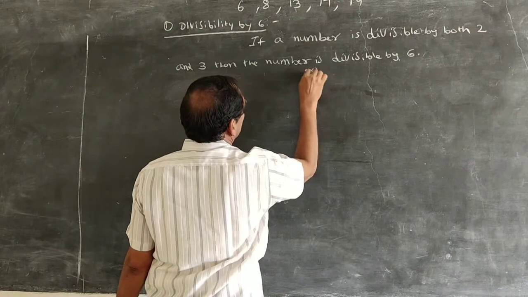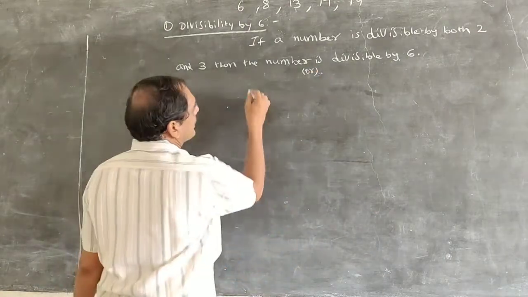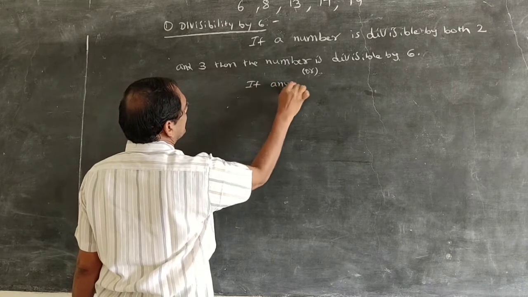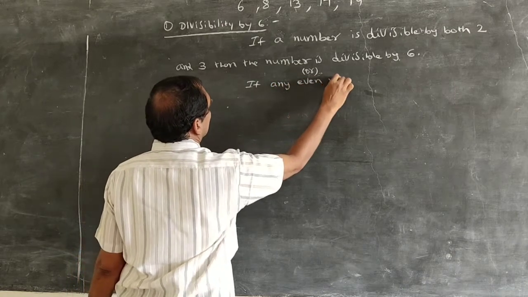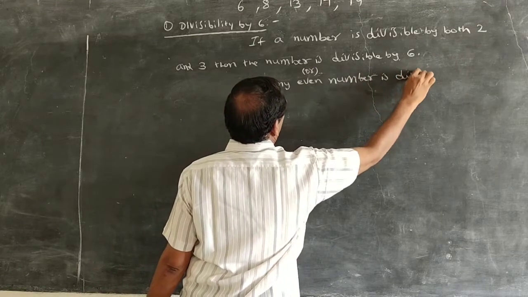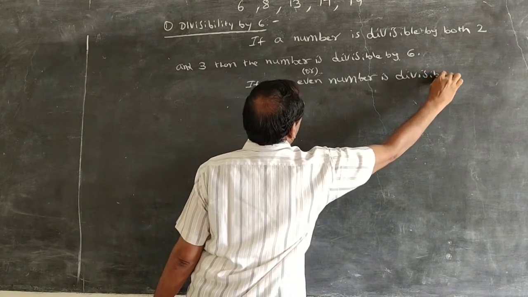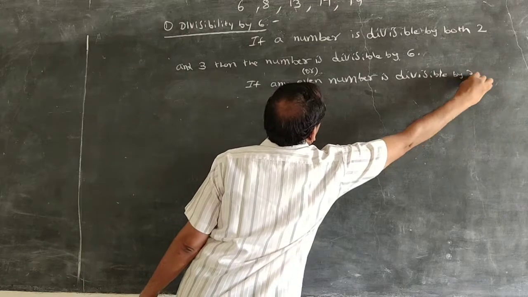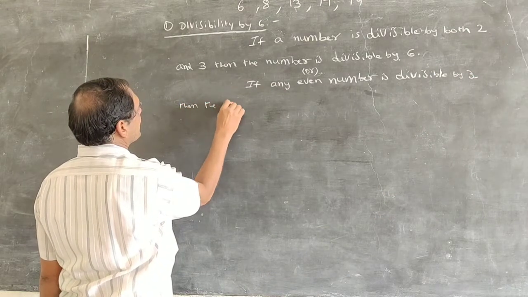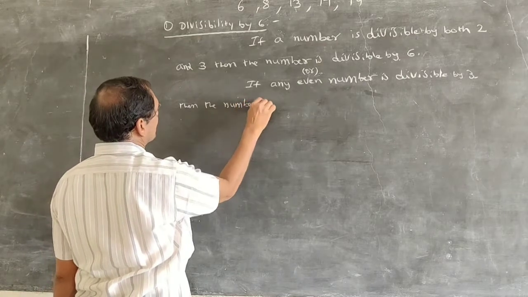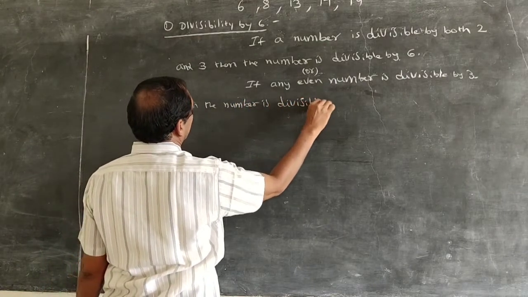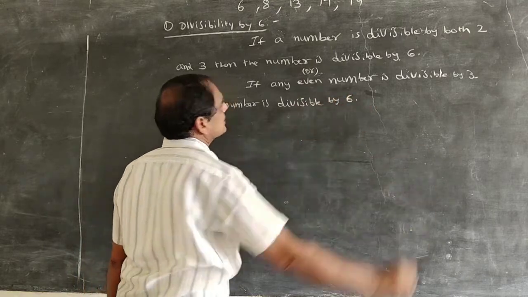Or, if any even number is divisible by 3, then the number is divisible by 6.